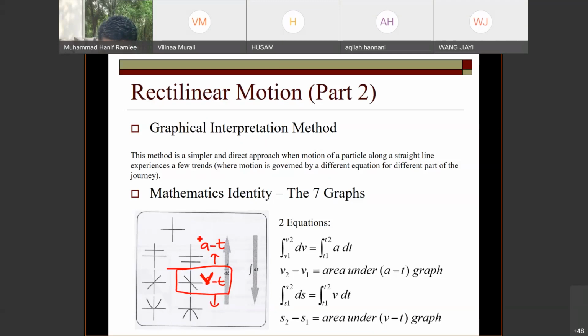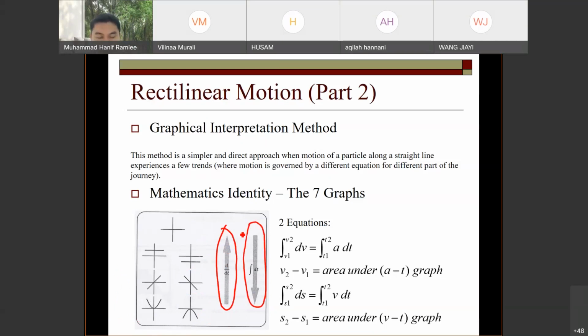And then you have integration to get the ST graph. So basically, what I want to show is you have to follow this arrow, integration and also differentiation.